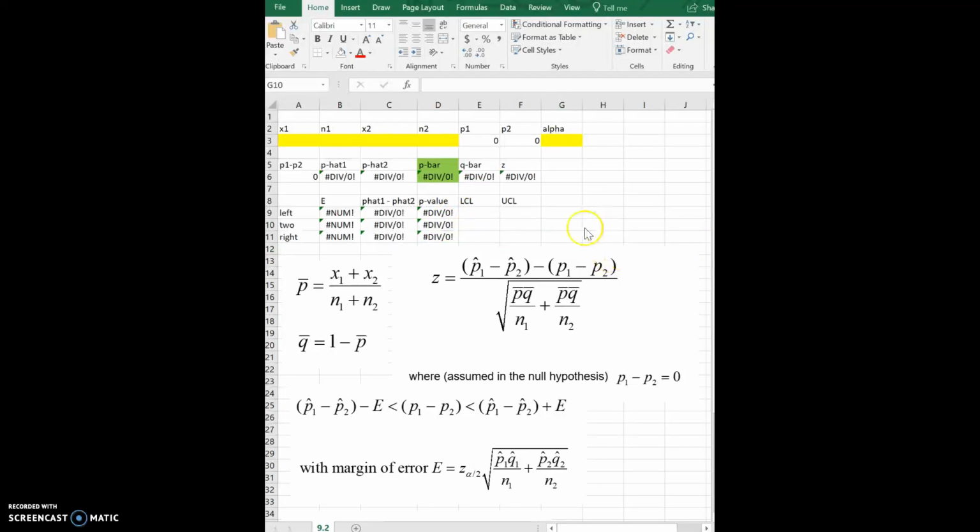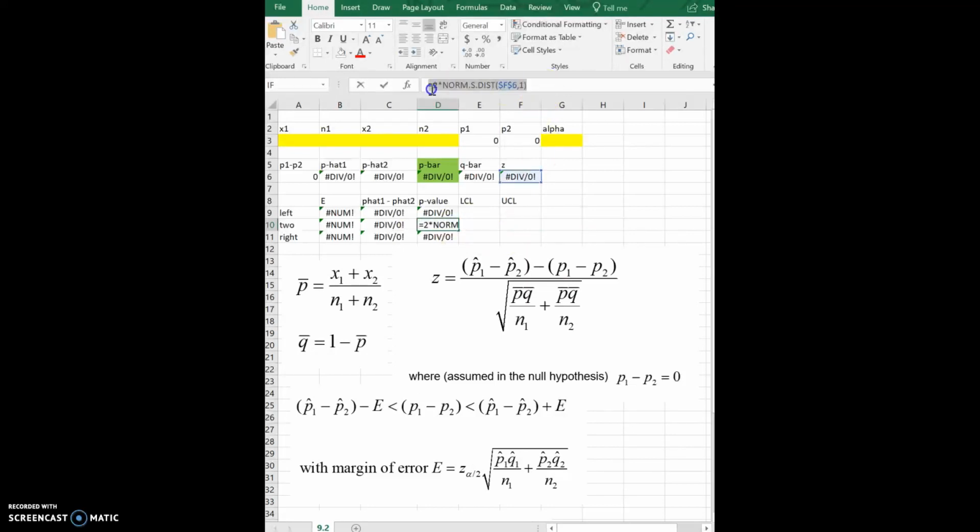So if you want to see the logic statement that I made, I have basically IF. It's a logic statement because it's an if statement. So I have equals IF, open parentheses, so it's the logic test. So I'm saying if this, so if our z-score is less than 0, then I'm going to do 2 times, actually I do know why I did this. So basically if it's less than 0, then you have to do something specific so that it will calculate it the right way and it won't give you a negative value.